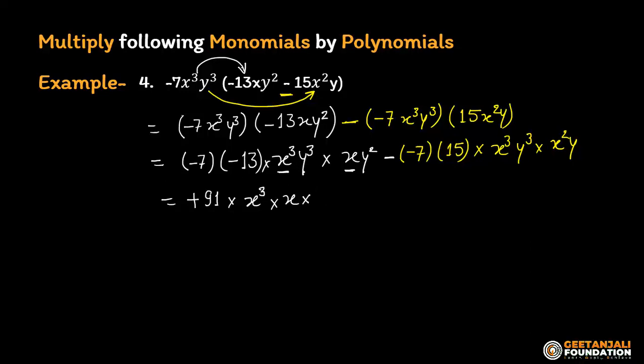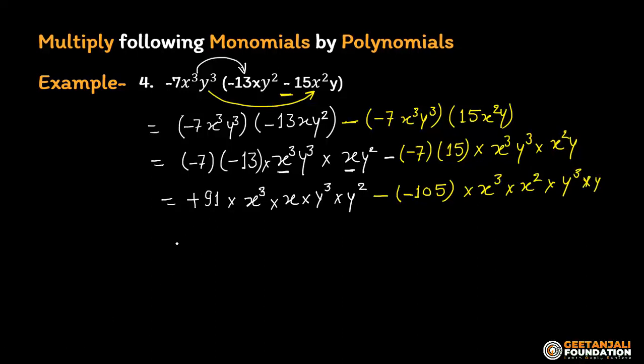So here y cubed along with y square I have written, and here we can write minus, and this is a negative number. When this negative number is multiplied with a positive, the answer is going to be negative. So it is 105. And here also I'm separating these. So I'll write x cubed times x square times y cubed times y.